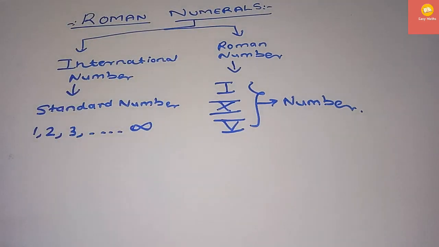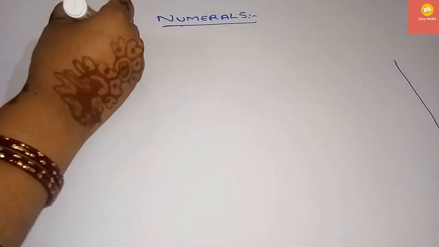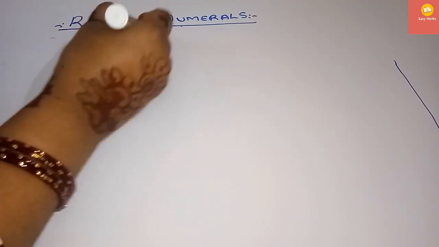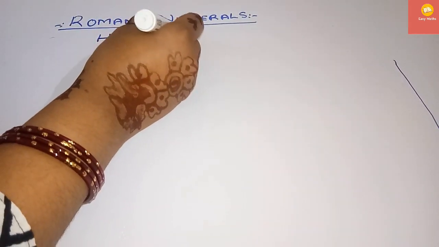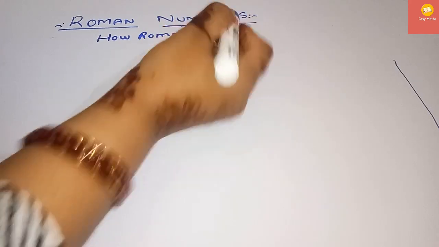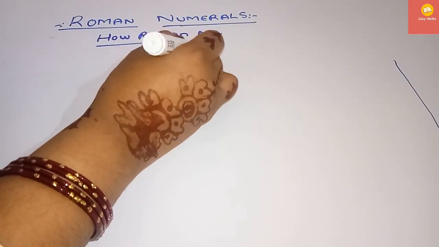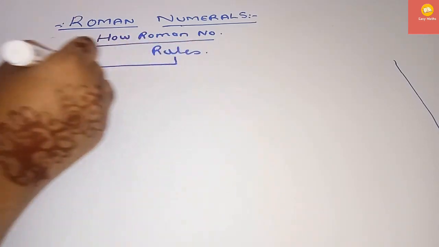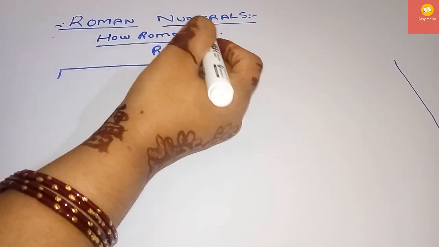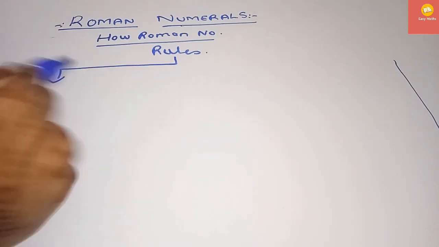Now our second part is how to write Roman number. We first need to understand certain rules. Using these rules, we can write any Roman number from 1 to 1000.